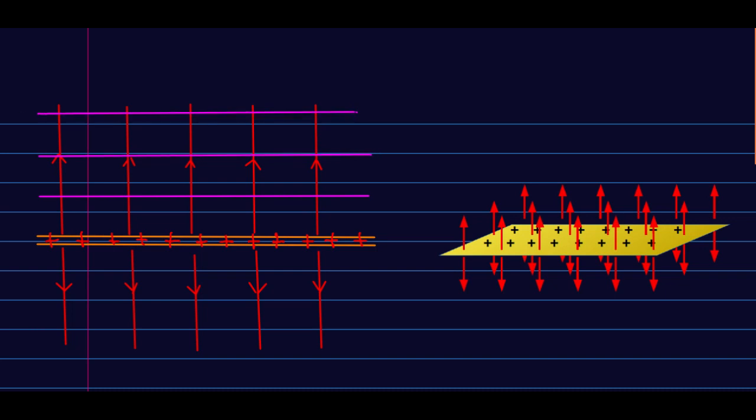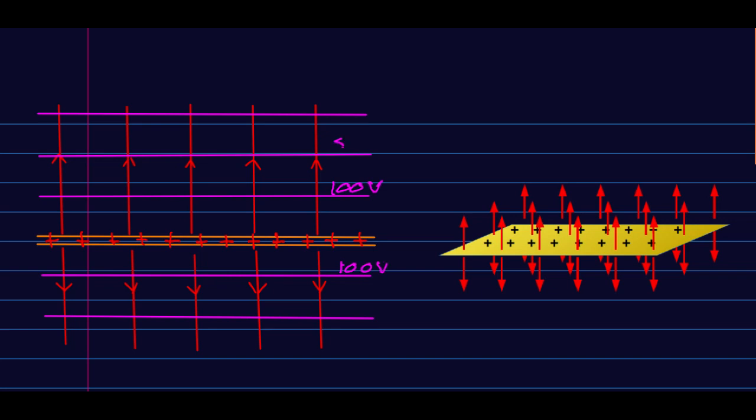Note also that we know this field is a uniform field, and so because how far apart the equipotential curves are tells you about how strong the field is, we know that these will be equally spaced lines. And I've said this is a positive plane of charge, so this potential would be high near it. I'm just going to make something up like 100 volts near it, falling off as we move away from it.